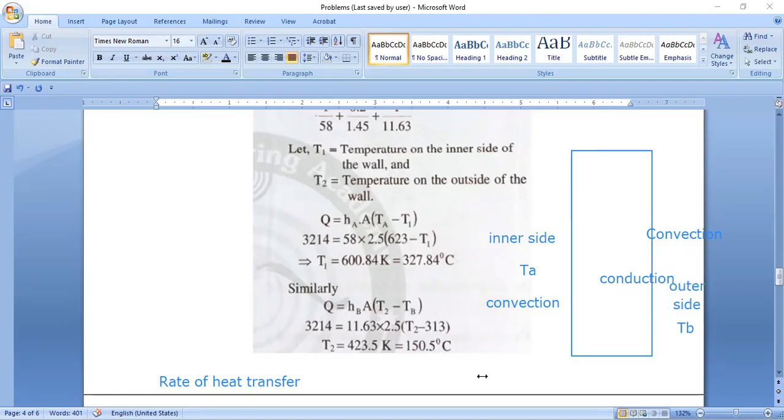Look here, first you have convection plus conduction and convection. The inner surface of the wall and outer surface of the wall will be convection, and the center will be conduction.